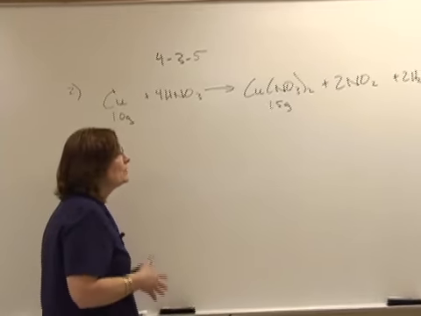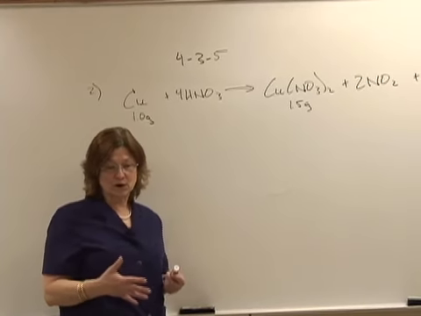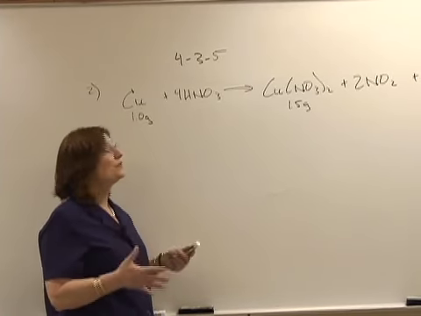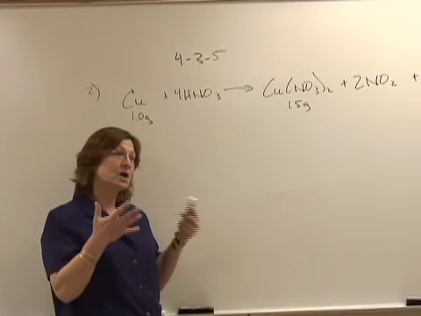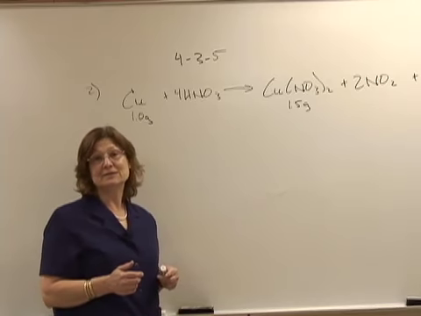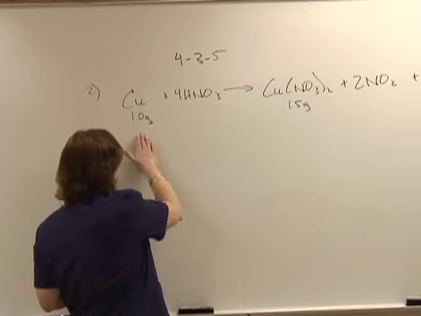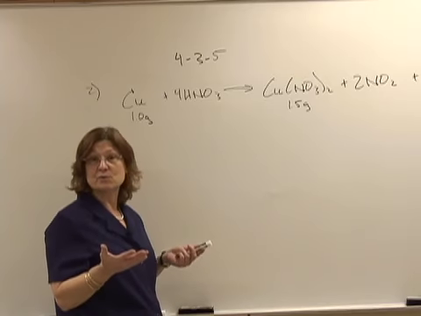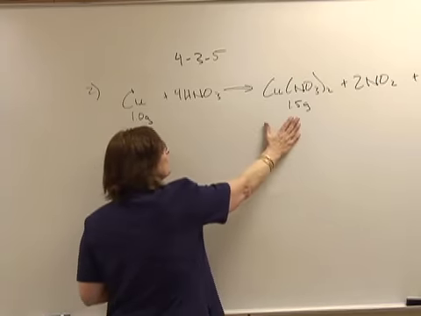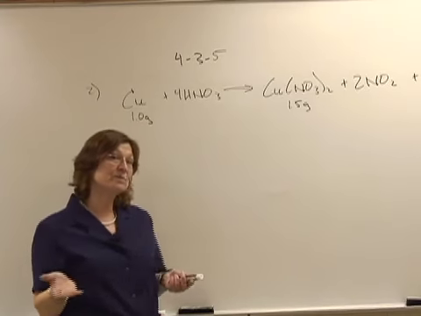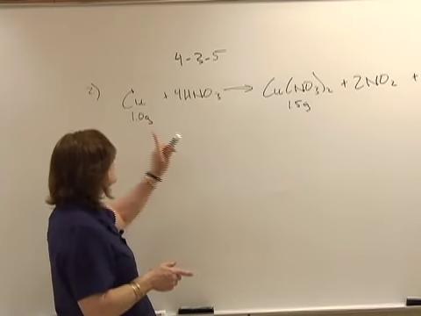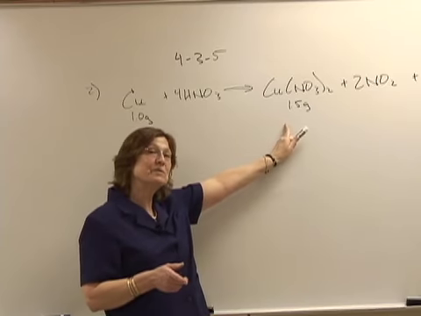Well, the question is asking for the percent of copper 2 nitrate that was obtained in this reaction, and it was given that a student started with 1 gram and obtained 1.5 grams. And therefore, we want to determine theoretically from the 1 gram how much we should be able to get.